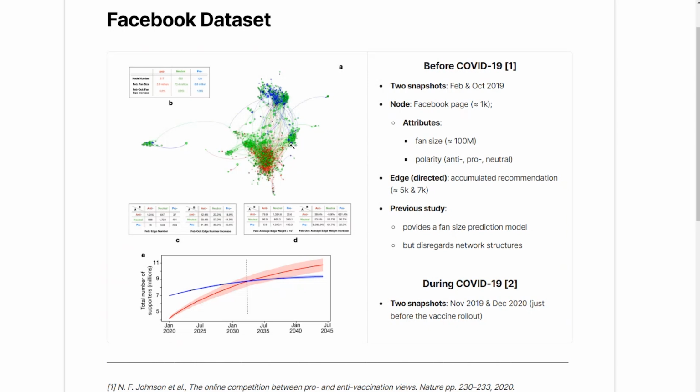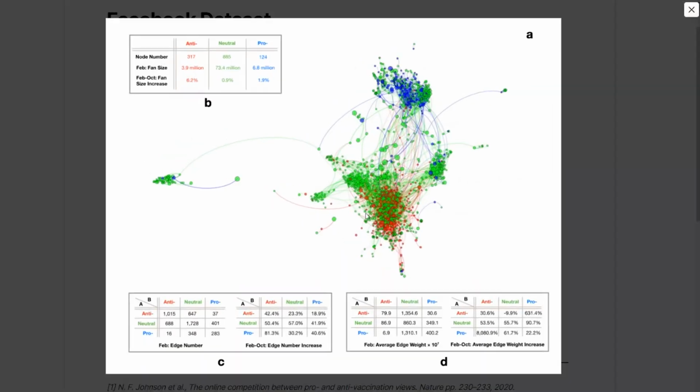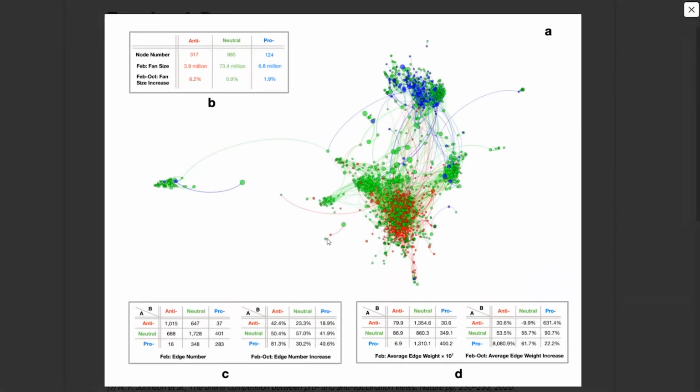Here we have anti, pro, and neutral, represented by red, blue, and green, which is why you can see a lot of colors here. And we have some basic data description here.